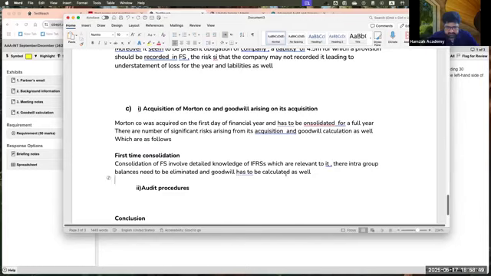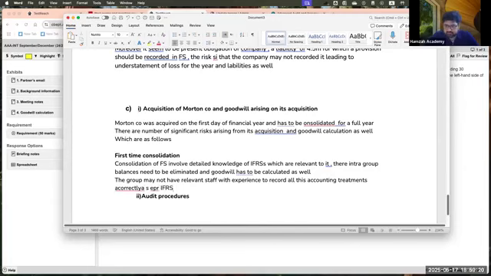Now, next, the group may not have relevant staff with experience to record all these accounting treatments correctly as per IFRSs, and may not have controls related to it.